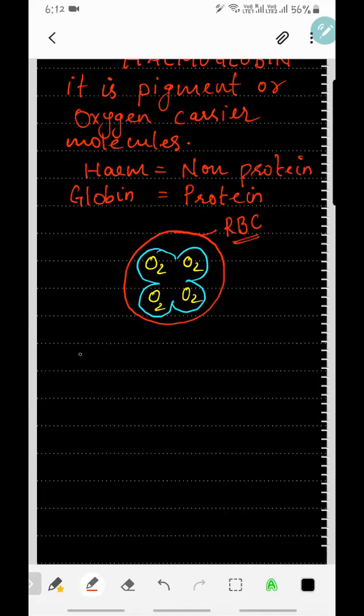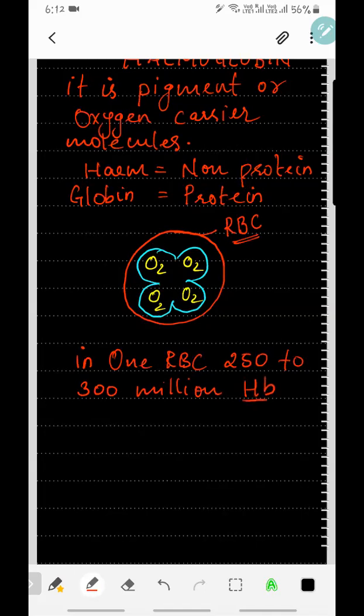In one RBC there are 250 to 300 million HB. HB means hemoglobin.